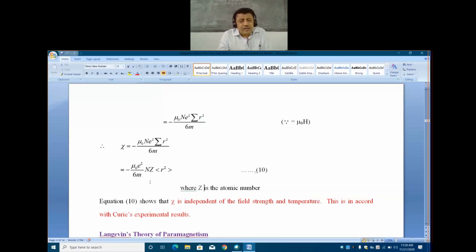And also there is no temperature term. So for diamagnetic materials, chi is independent of temperature, and also of field strength. Chi, that is susceptibility, is negative, which is a property of diamagnetic material. Chi is independent of temperature, that is also a property of diamagnetic materials.